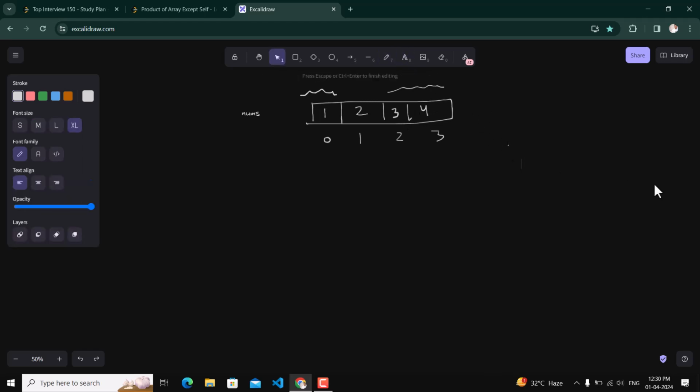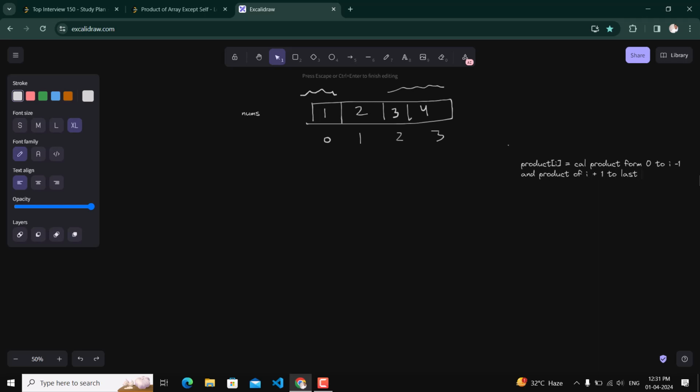So for the answer of the ith index, we have to calculate the product from 0 to i minus 1 and the product from i plus 1 to last.